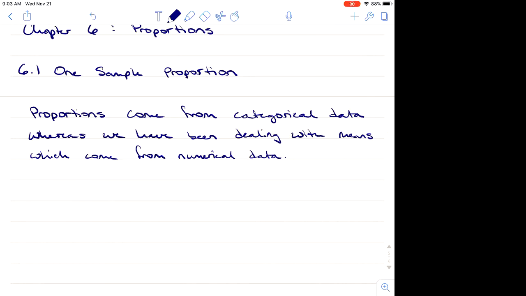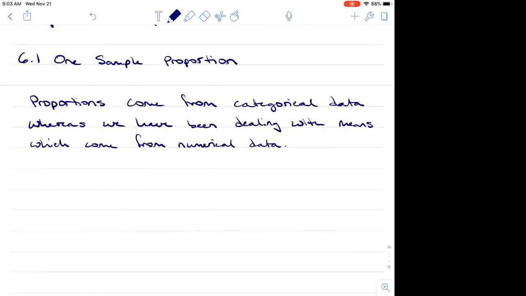Just like before, where we had population information and sample information, we need notation to keep those 2 separate. So a population proportion is going to be denoted by a lowercase p, which is confusing, or if you want to use pi, you can. I use just the lowercase p.